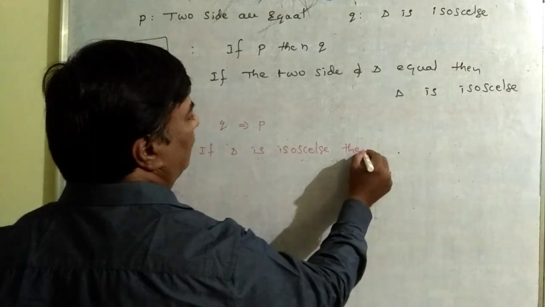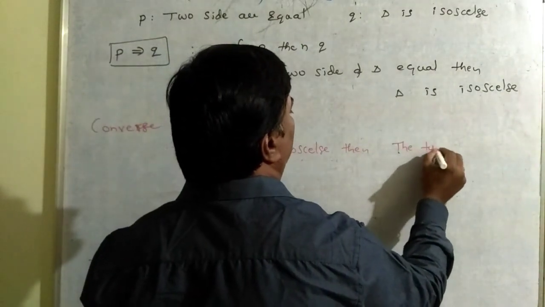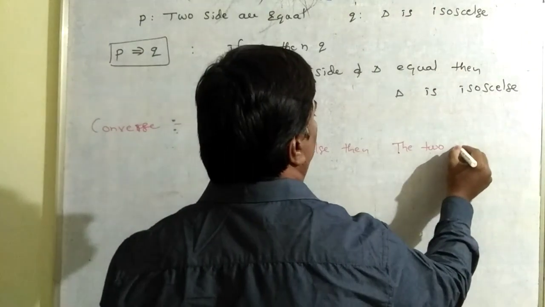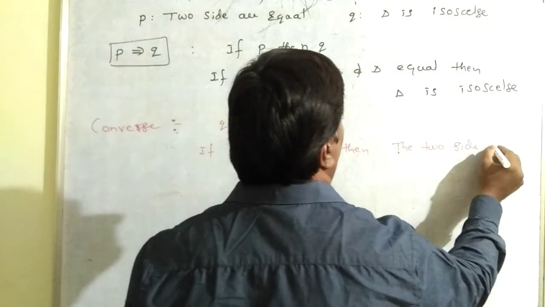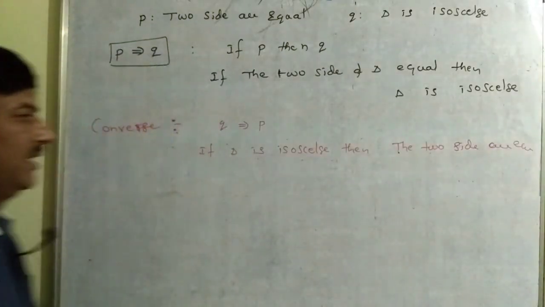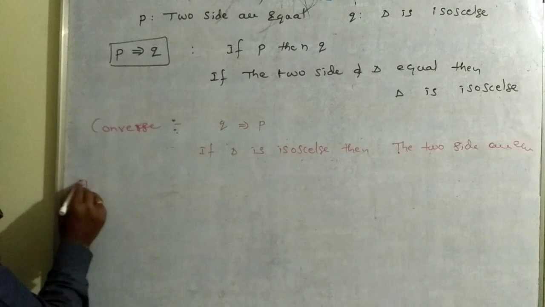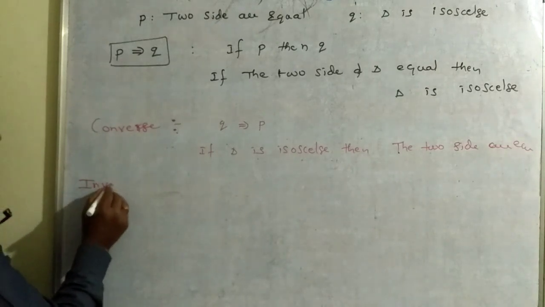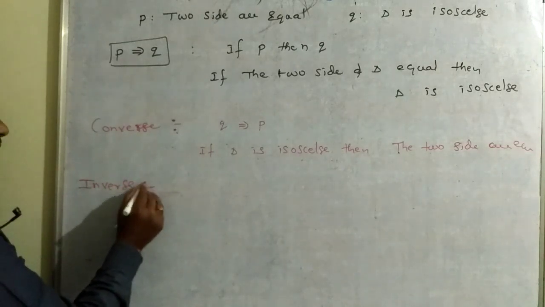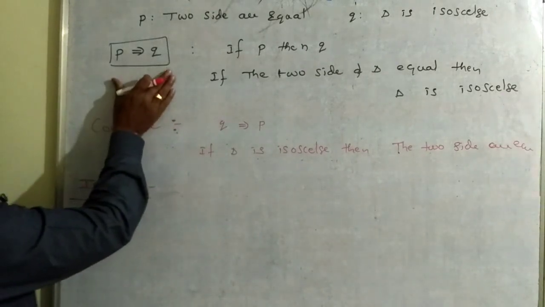then the two sides are equal. Two sides are equal. Go for the next after converse, that is inverse. The inverse of the statement, let us consider the further implication.